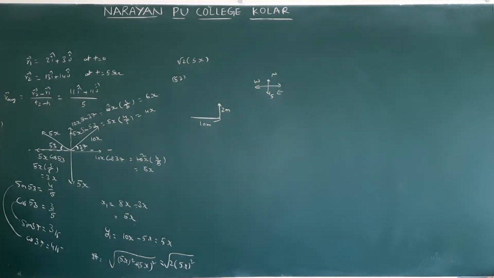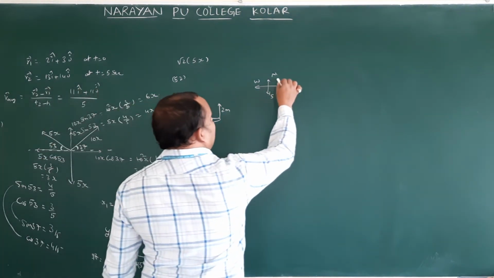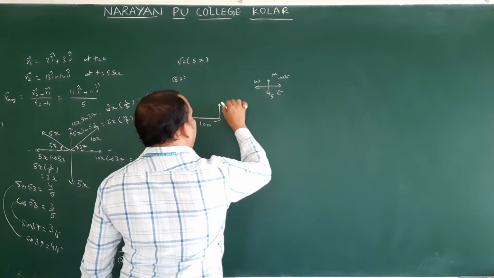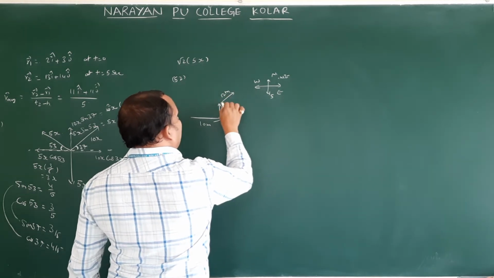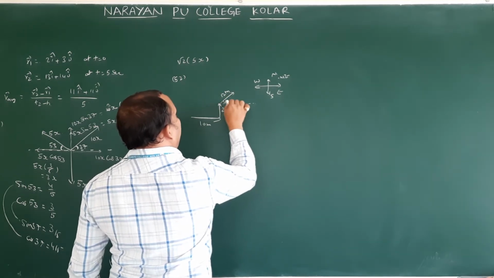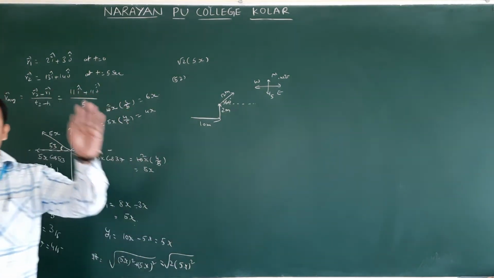Next, from there, 2 meters towards north. Then 12 meters, 60 degrees north of east. North of east means this is north of east. How many meters? 12 meters. What is the angle they gave? 60 degrees. Just you have to draw the diagram.